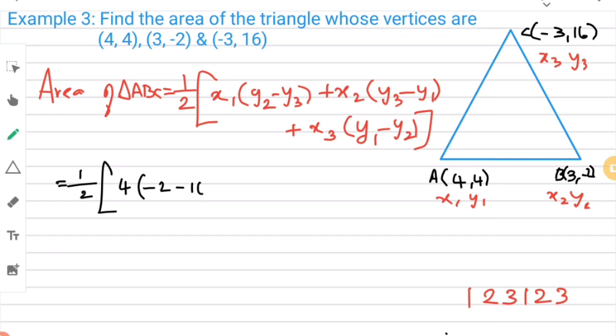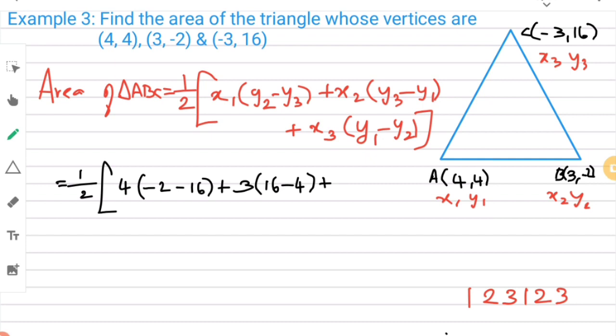So minus 16 plus x2. x2 is 3. 3 of y3 minus y1. That is y3 is 16 minus 4. So we will get 3 of 16 minus 4 plus x3.